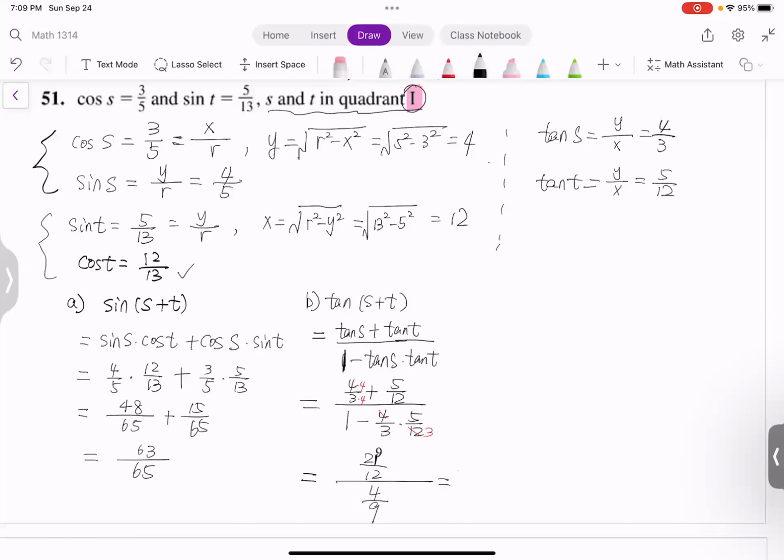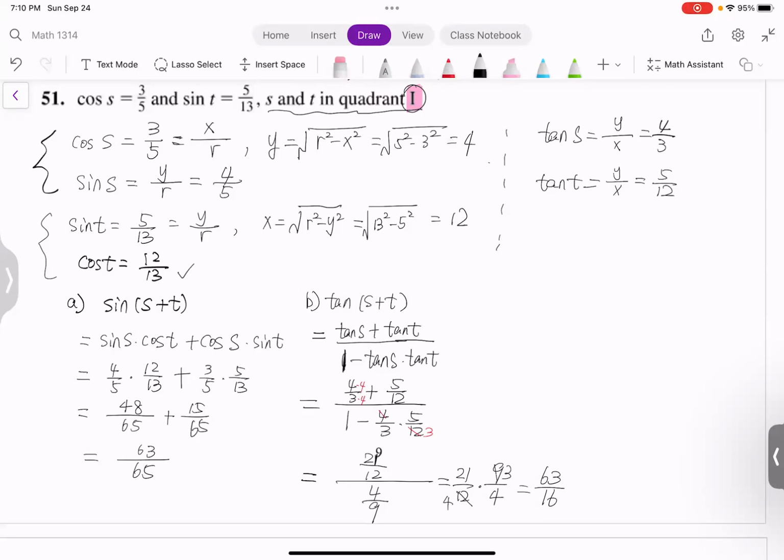So do the KCF: 21 over 12 multiplied by 9 over 4. Let's do the cancellation. So here is 4, here's 3, and 16 at the bottom. The top is 63. So the solution is 63 over 16.